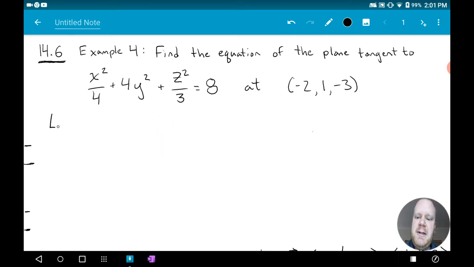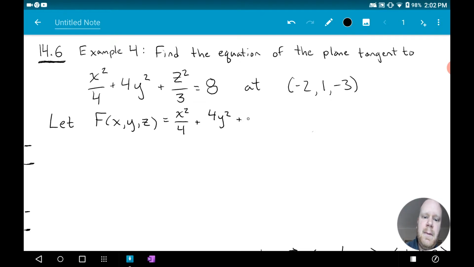What we're going to do instead is define some capital F function that's got three inputs, x, y, and z, and we're going to set that equal to the left-hand side of this equation, like this.